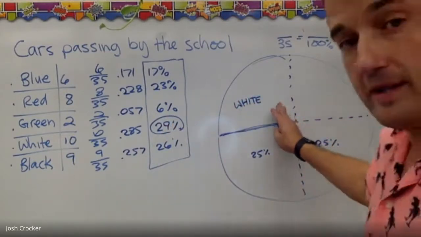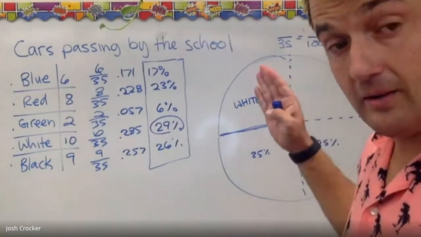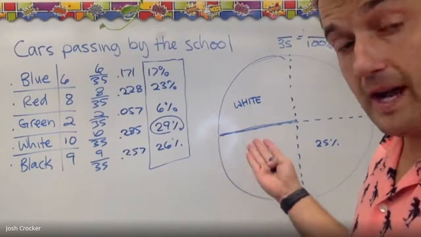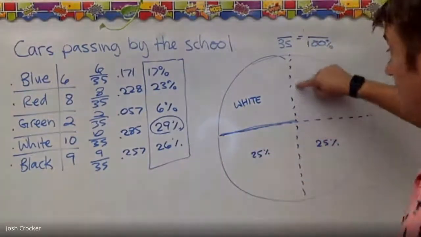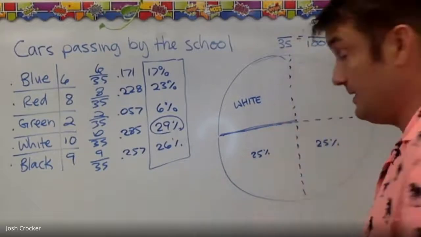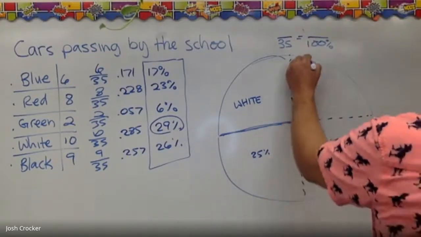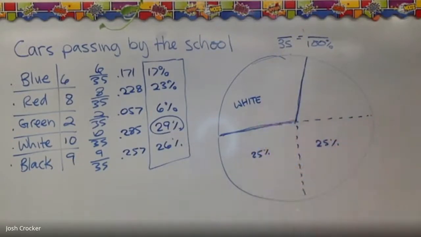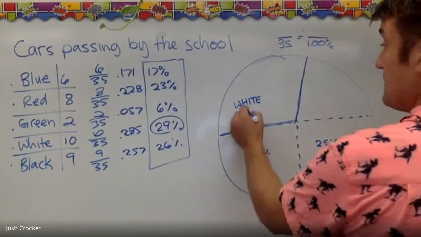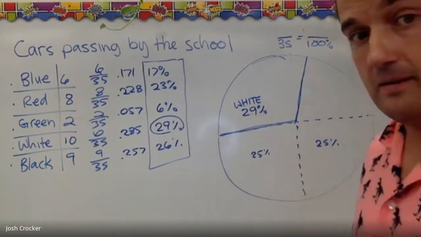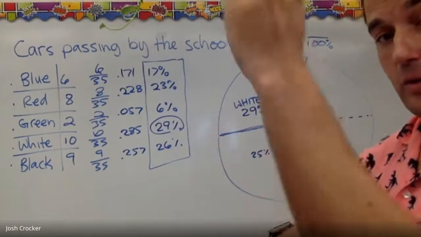Right now it's a perfect right angle, which is 25%, and I want it to be 29%. So I'm going to take this right angle and make it obtuse just a little bit. All right, so that's my white slice now, and that represents 29% of my pie.